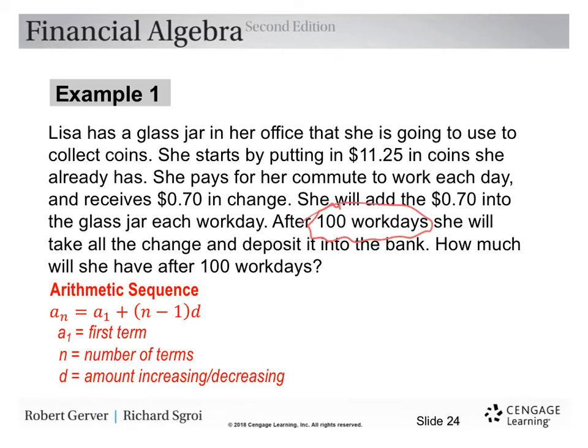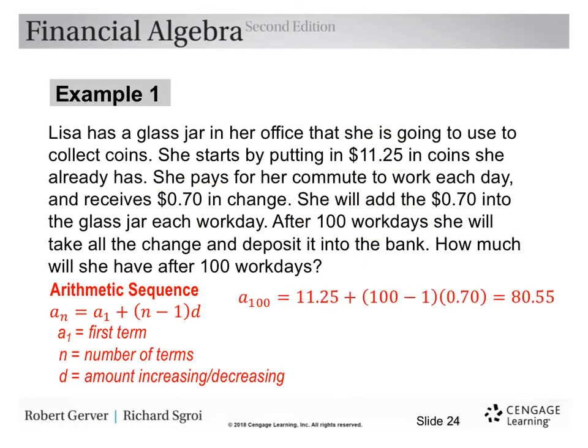Initially, she's going to have $11.25 in the jar. And then she's going to add 70 cents every day, okay? So that's going to be the difference, 70 cents. 100 work days is the number of terms, that's n. 11.25 is the first term.